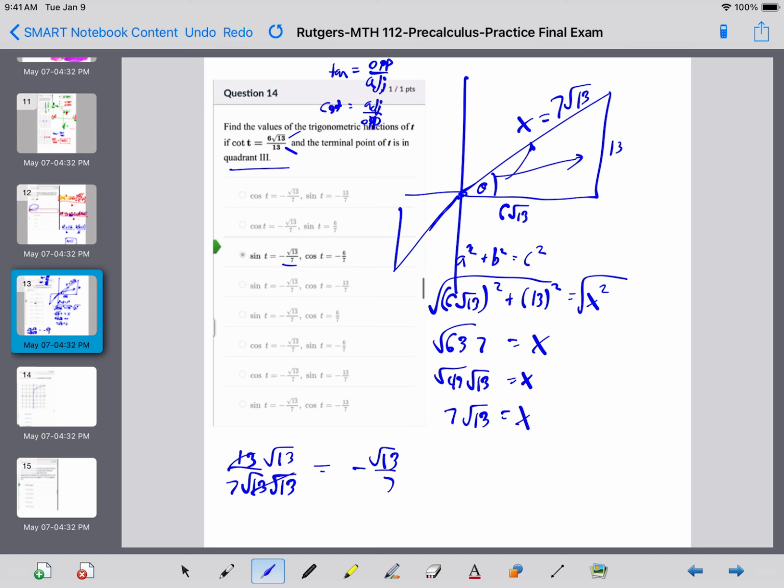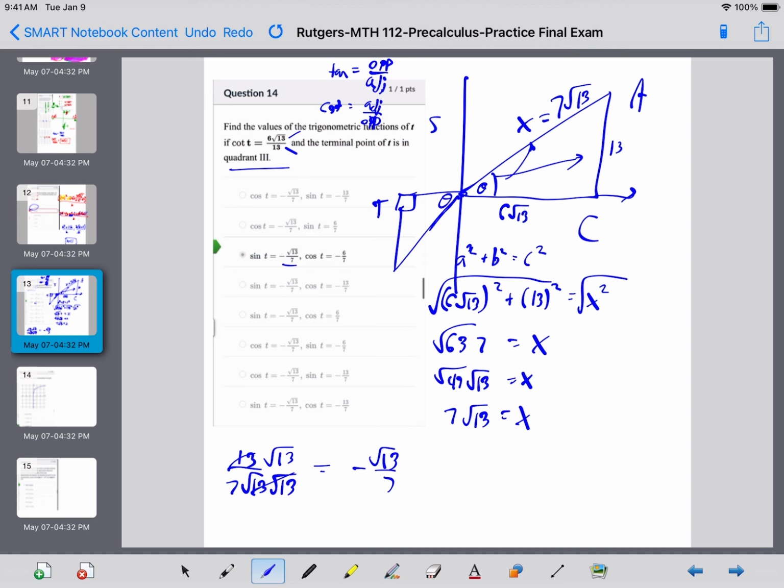I didn't see quadrant 3. So because it says quadrant 3, you would have done exactly what we just did, just drawn it in quadrant 3. And then you do all students take calculus, and because tangent's positive, cosine's negative, and then for tangent, it would be positive. Or cotangent would be positive as well.